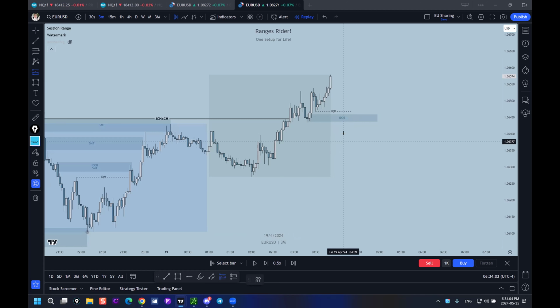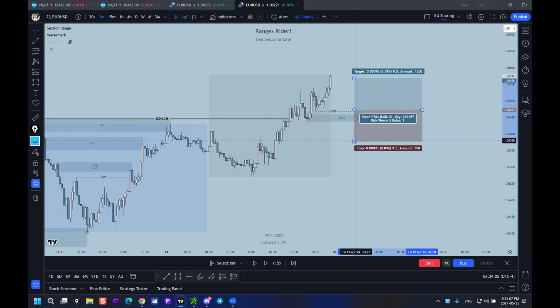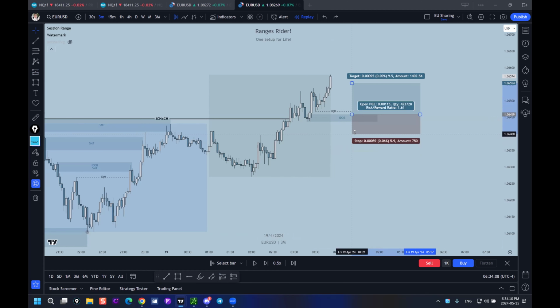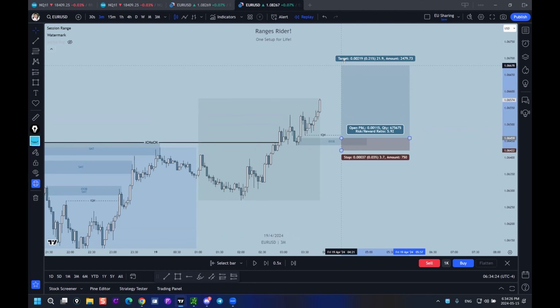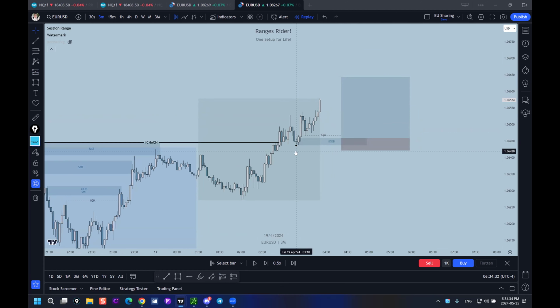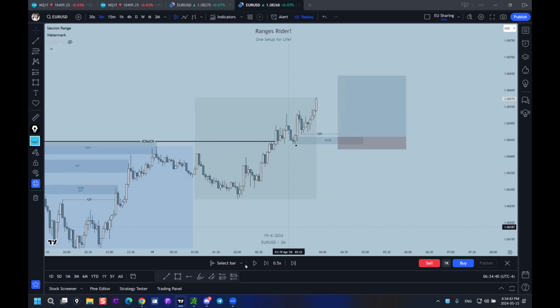Let's see, this order block seems too small. Let's see if we can cover up some. I believe this one has been respected because it looks like a strong point, right? So if we get this one right here, 5R, not too big, 5R, then we give a little room at the decisional order block. It could sweep.